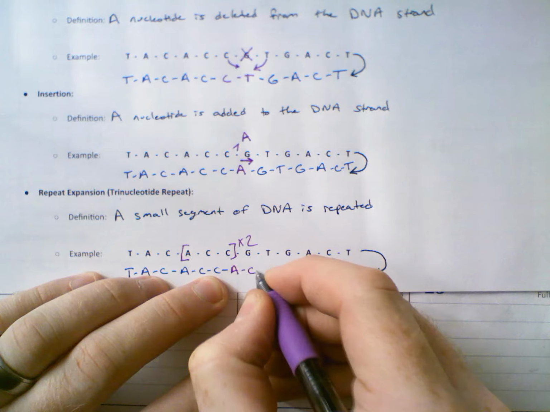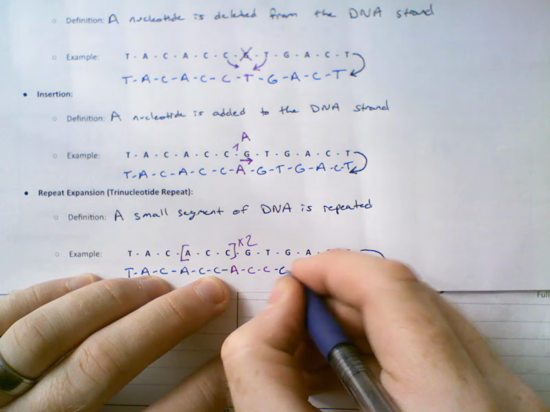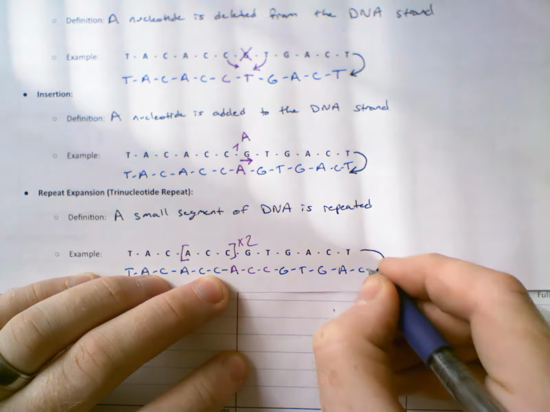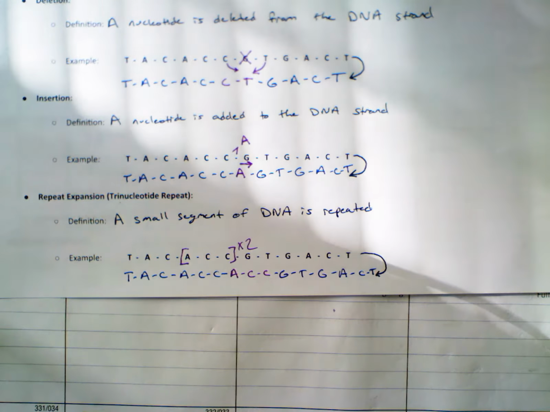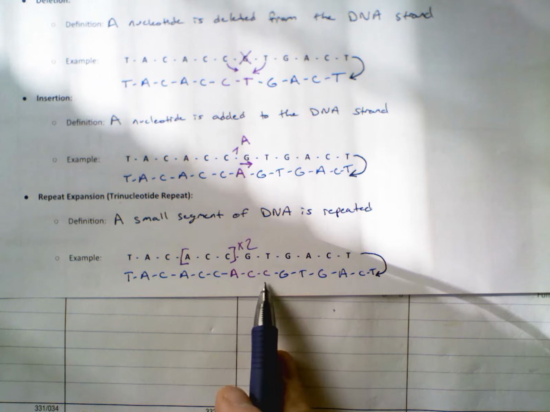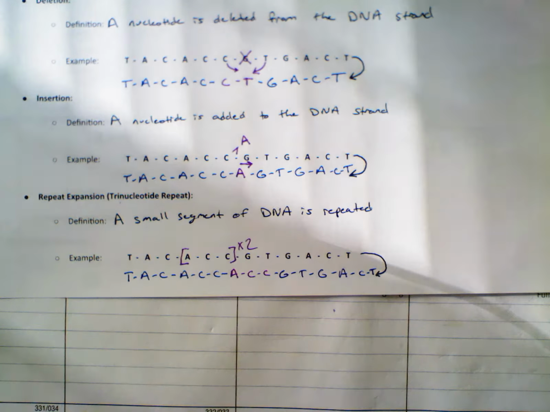We have that ACC put in there twice. Now, usually, these repeat expansions come in groups of 3. And again, we'll watch a video tomorrow that shows how this occurs. But because of that, it normally doesn't shift the reading frame one way or the other.